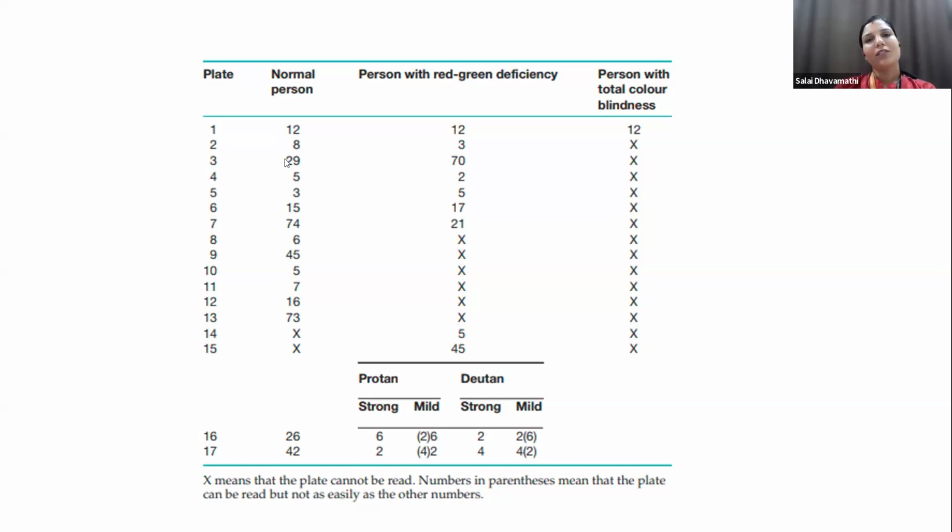For acquired defects, you take D15 or FM100 hue. Pseudoisochromatic plates check only red-green defects. Whereas HRR is similar to pseudoisochromatic plates, but it tests both red-green as well as blue-yellow defects.